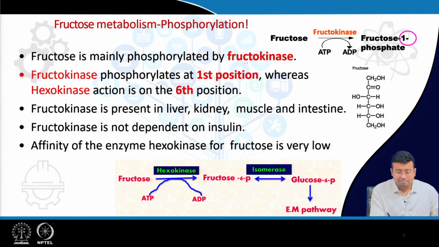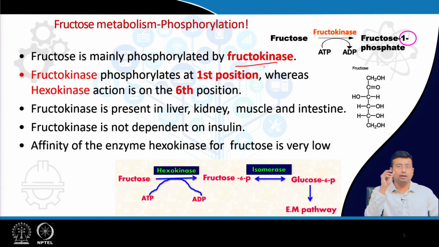Fructokinase is an enzyme that phosphorylates fructose in the first position to convert it to fructose 1-phosphate. Remember, hexokinase can also act on all hexoses, fructose, glucose, galactose, and it generally preferentially phosphorylates in the 6th position.